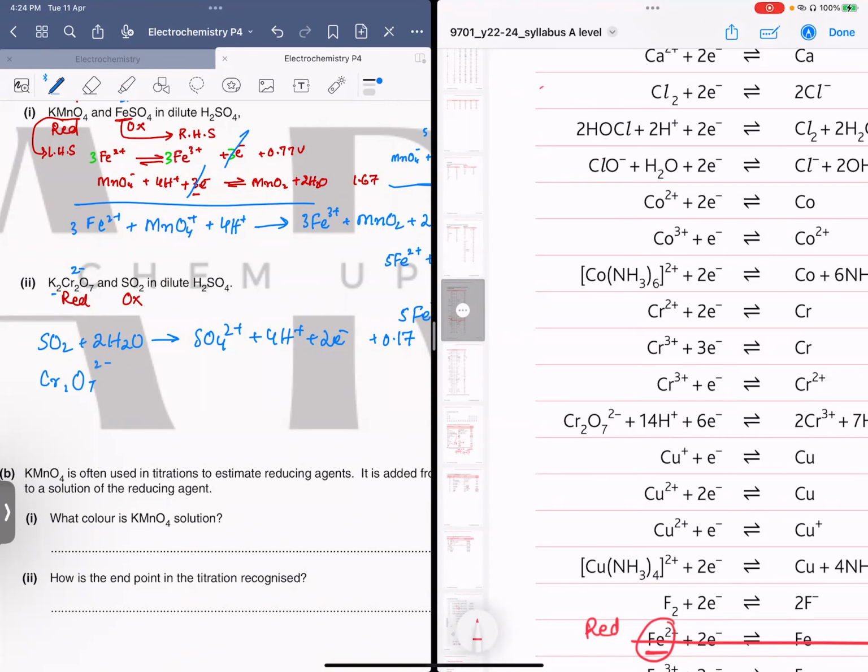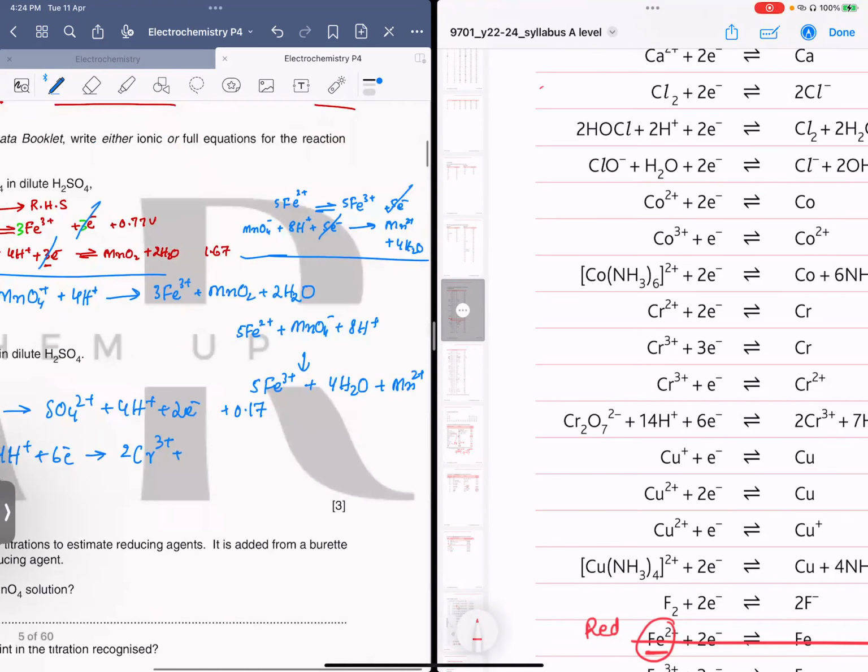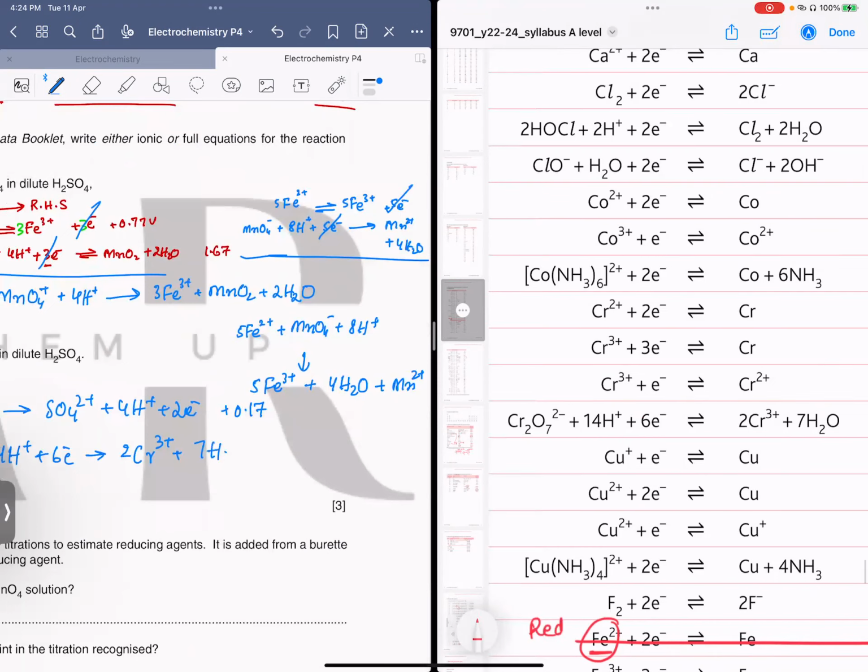So dichromate ions, 14H positive, 6 electrons. Here we would be getting 2 chromium 3 positive ions plus 7H2O.